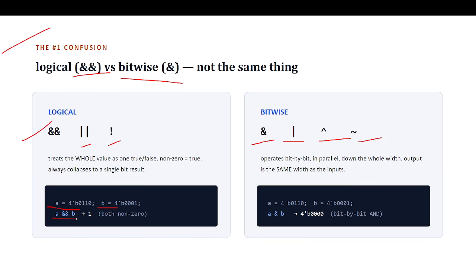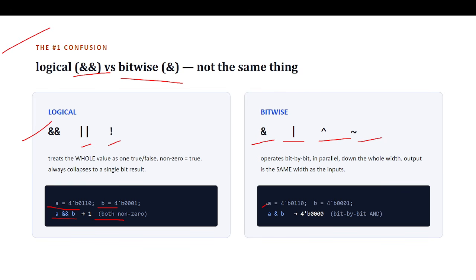Verilog looks at A as a whole. Is it non-zero? Yes. Is B non-zero? Yes. Both are true, so the logical AND result is 1. Single bit. Now compare that to A & B.